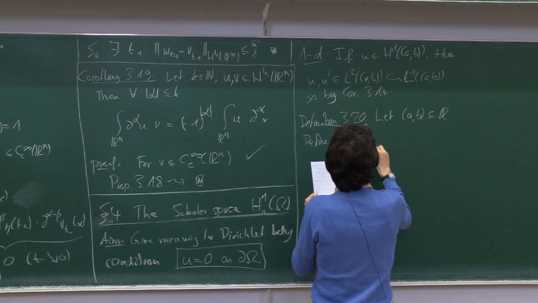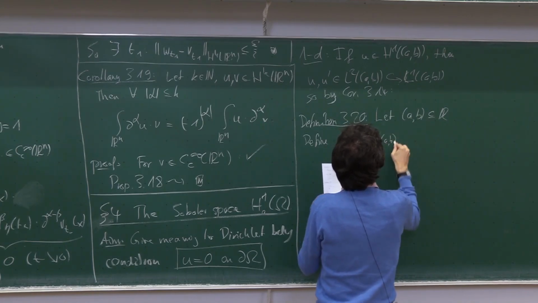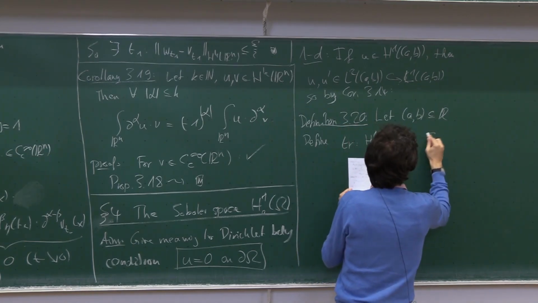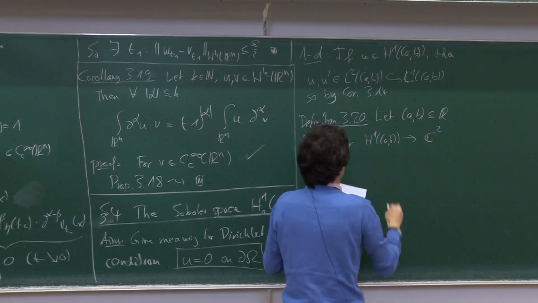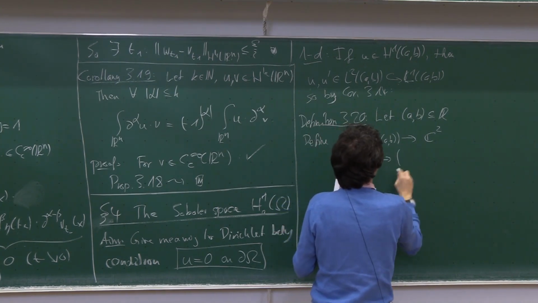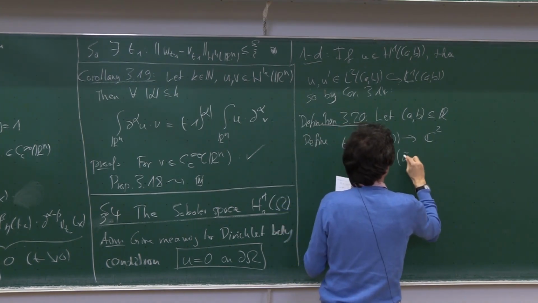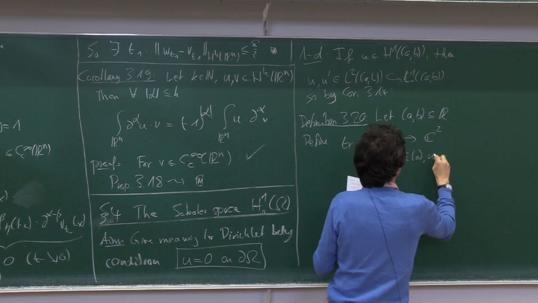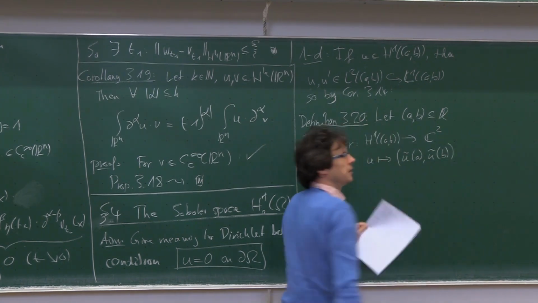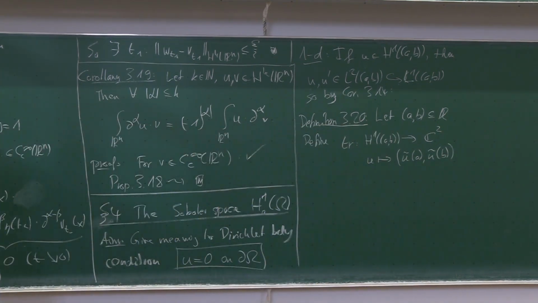Trace going from H1 of (a,b) to R2 and assigning to u the boundary values. So u tilde was this continuous representative, u tilde of a, u tilde of b. Because for the continuous representative, these two numbers make sense.